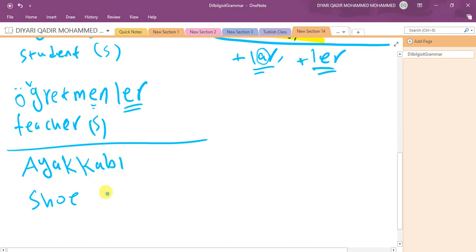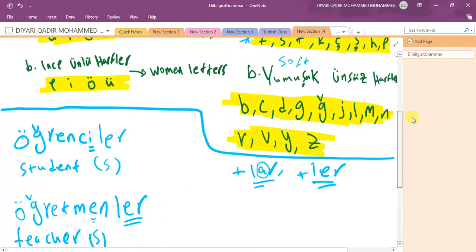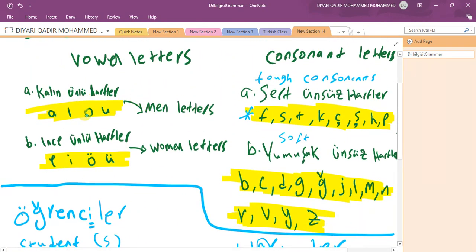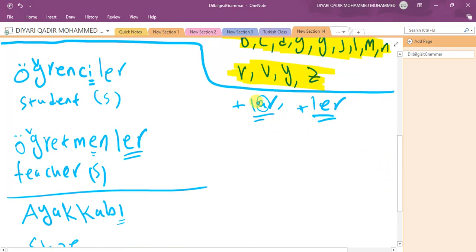Ayakkabı means shoe. If we make it plural, we want to say shoes, right? Which category is it? Look at the end. The end is I. Look at the men letters: A, I, O, U. This one contains this letter, so we have to select lar.